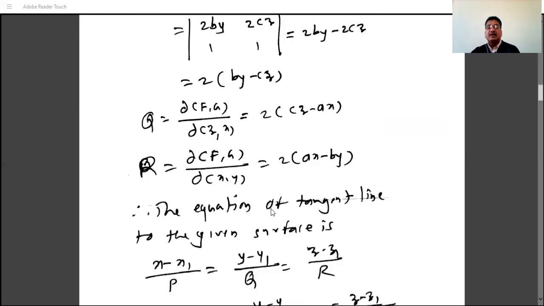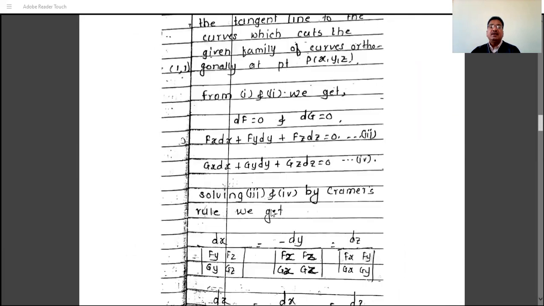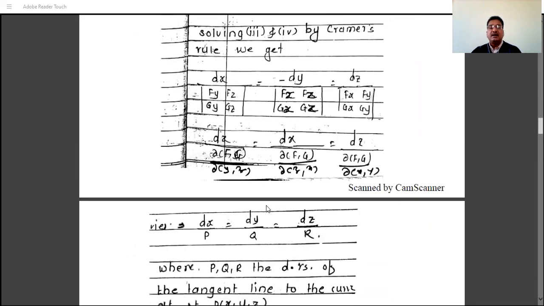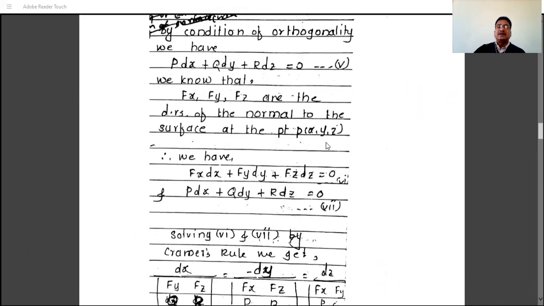So here, what is del f? Del capital F is ∂f/∂x i plus ∂f/∂y j plus ∂f/∂z k, that is fx i plus fy j plus fz k, and these coefficients fx, fy, fz are the direction ratios of the normal to the surface at this point.